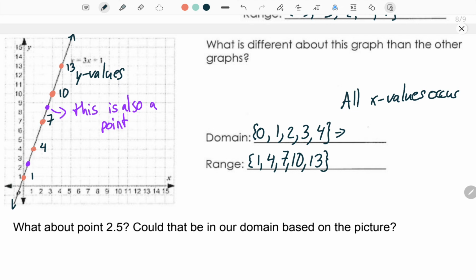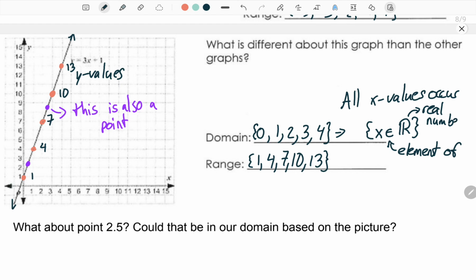So to write down if all the x values are occurring, we would write down our domain as x could be, or it looks like an E. This means an element of. And what we say is the real numbers. So that is the real numbers.